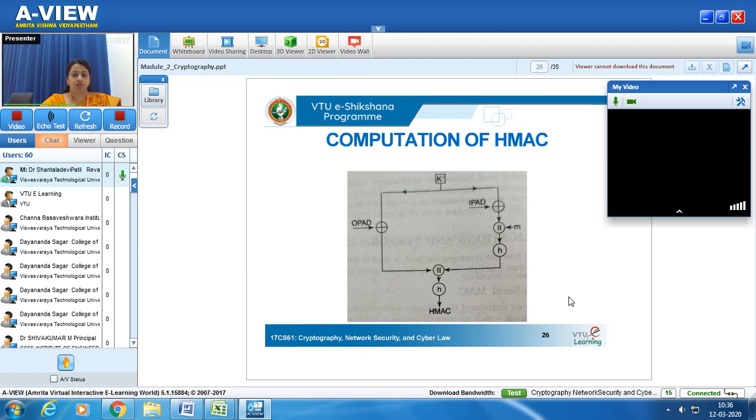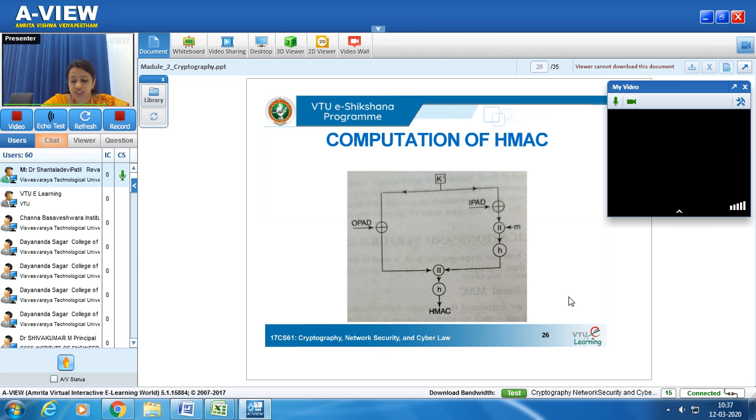Let's see this diagram. I have taken a snapshot of this from your textbook. Here, we have the initialization vector, or the key itself acting as an initialization vector. Now, instead of concatenating this key with the message, we pass this key, which acts as an initialization vector, to subsequent operations.